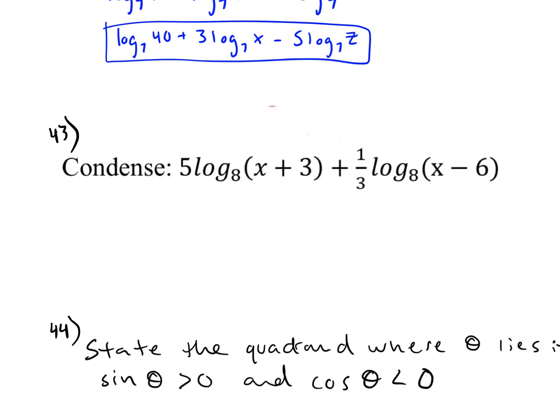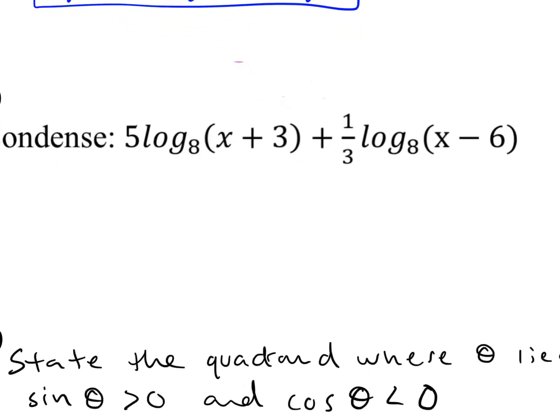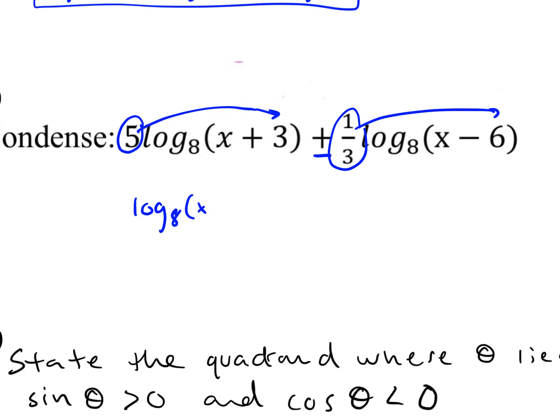All right, 43, we are condensing, so we're bringing it together to be one log. So first thing I want to do is move the coefficients out front to the top. And then if I'm adding, what goes with addition? Multiplication. So this is log base 8 of x plus 3 to the 5th power times x minus 6 to the 1/3 power.